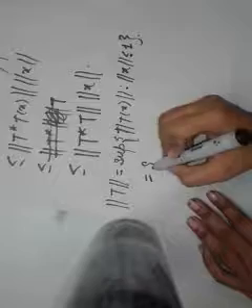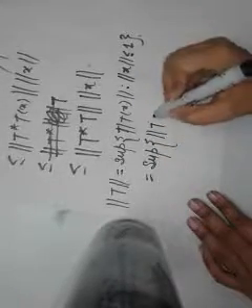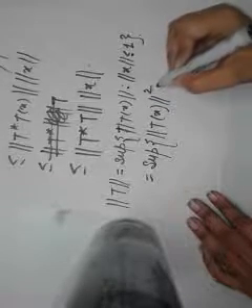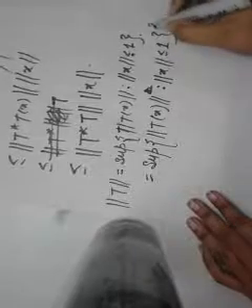So we can also write supremum of norm of Tx square such that norm x is less than 1, whole of square.